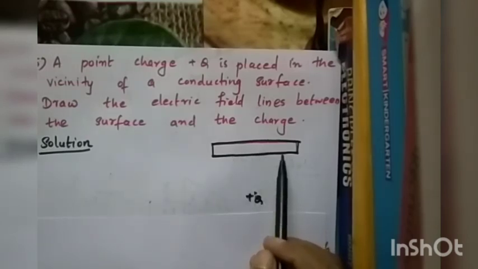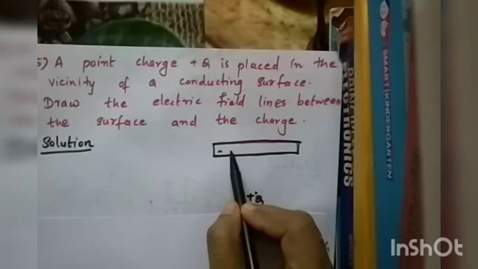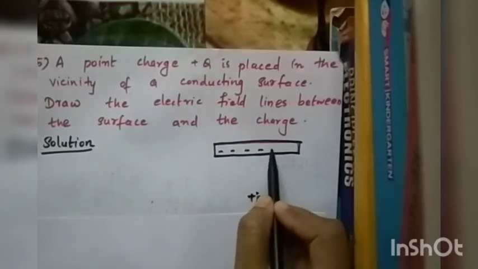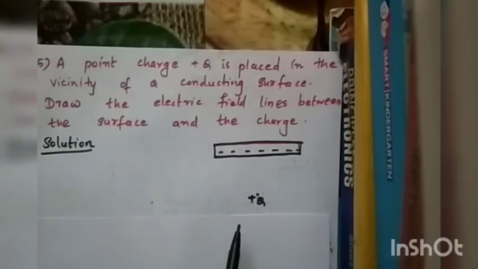So how will the field lines be? Since we have placed a plus q charge here, minus q charges get induced on this conducting surface due to electrostatic induction. Then once you get the location of the positive charge and negative charge, you can easily plot the field lines.